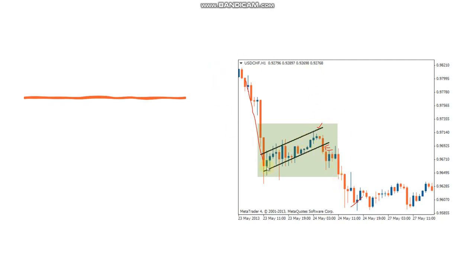So this is how you can spot an inverse flag pattern. You just need to train your eyes by going through the charts to identify flag patterns. If you're a beginner, then it will take a couple of days to spot patterns like this, but after experience you'll become a pro.